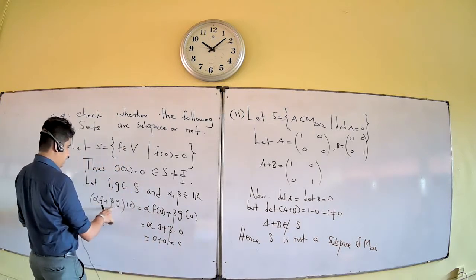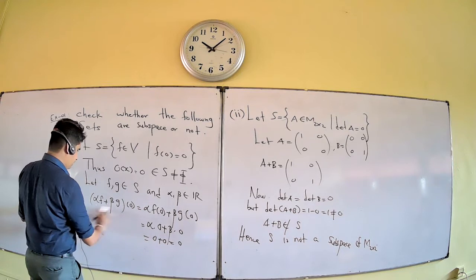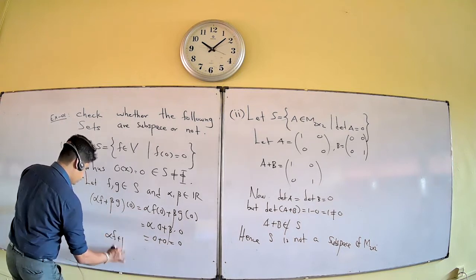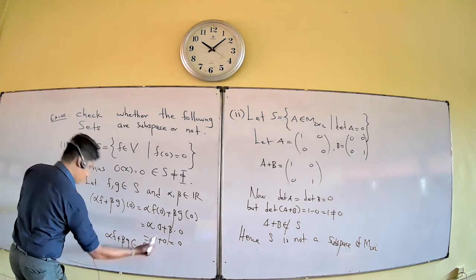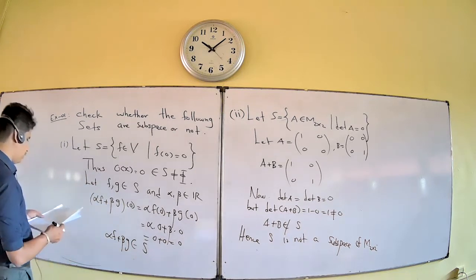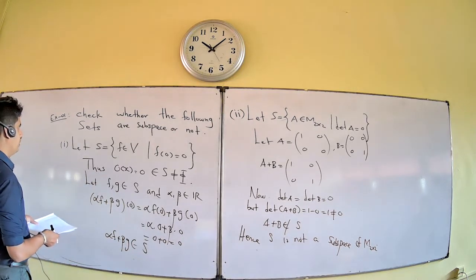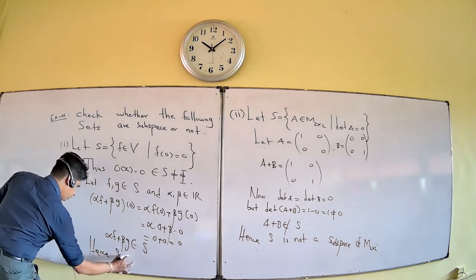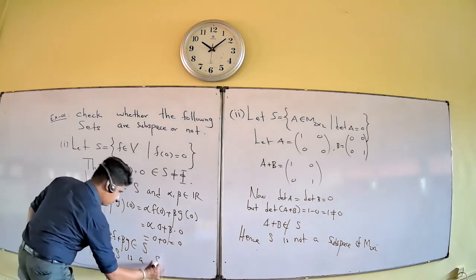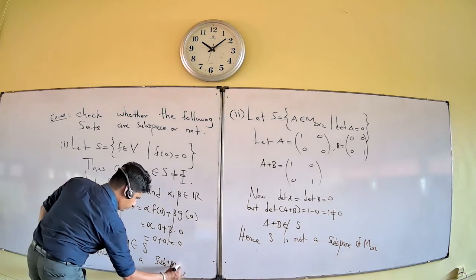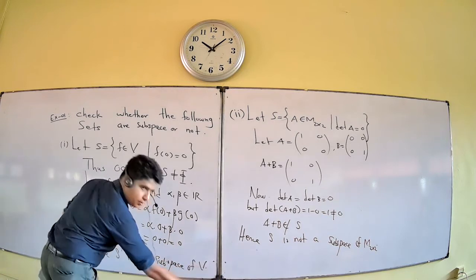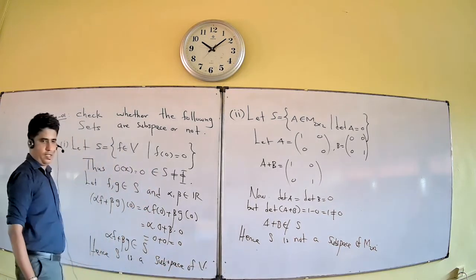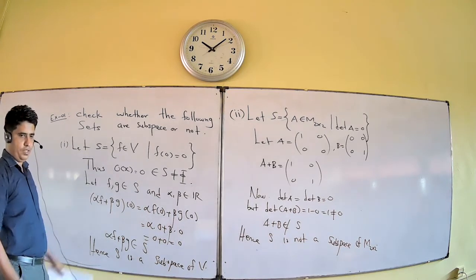So alpha f plus beta g at 0 equals 0, which means alpha f plus beta g belongs to S. Hence, S is a subspace of V.